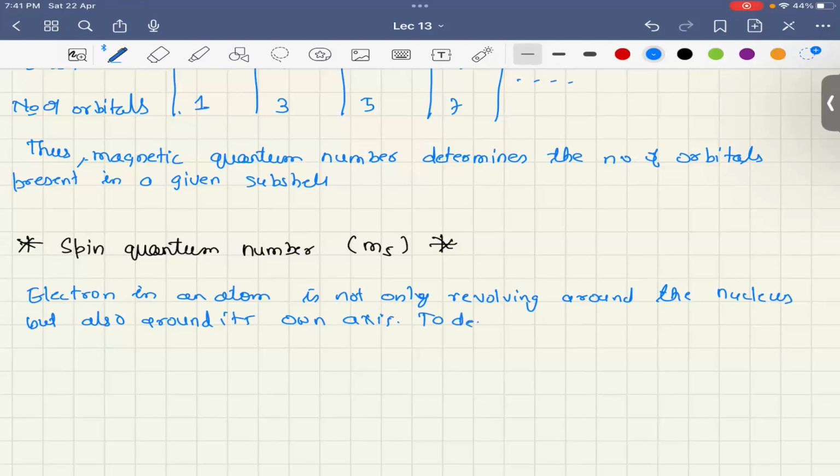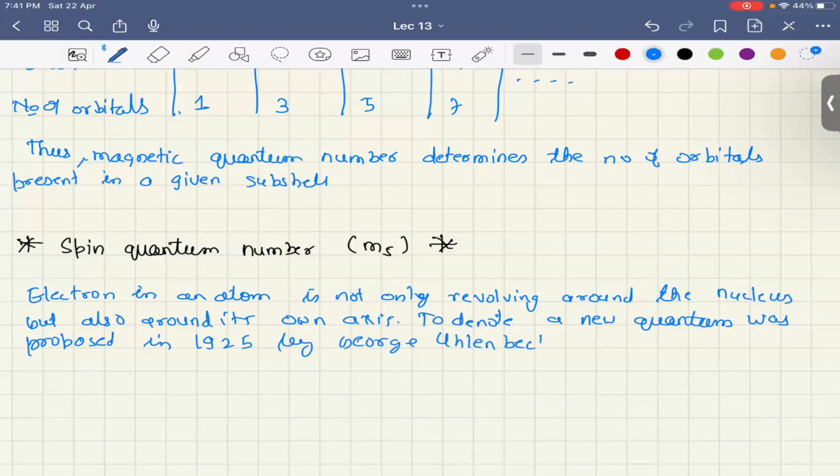To denote this, a new quantum number was proposed, or a fourth quantum number, in 1925 by George and Samuel.